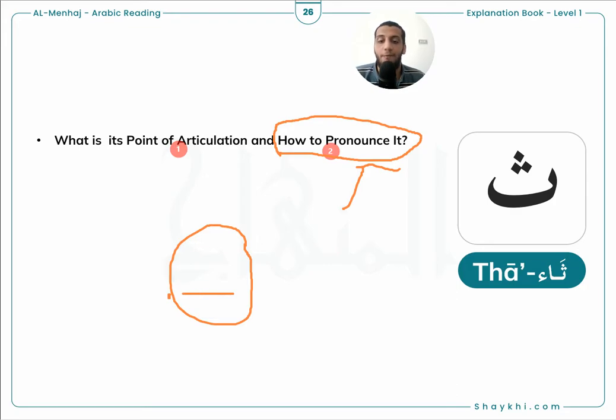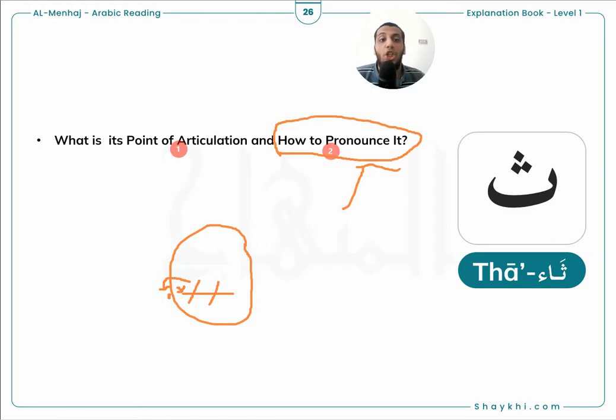We have the top part, the middle part and the back part. The top part, which is nearest to the mouth, has the tip, the first part of the top part of the tongue. This is called the tip of the tongue.